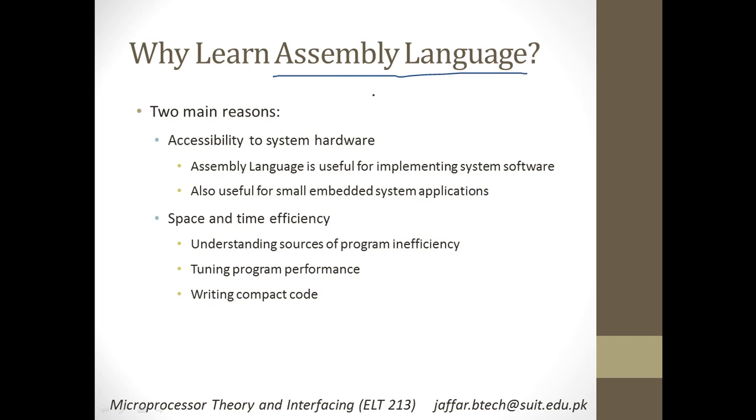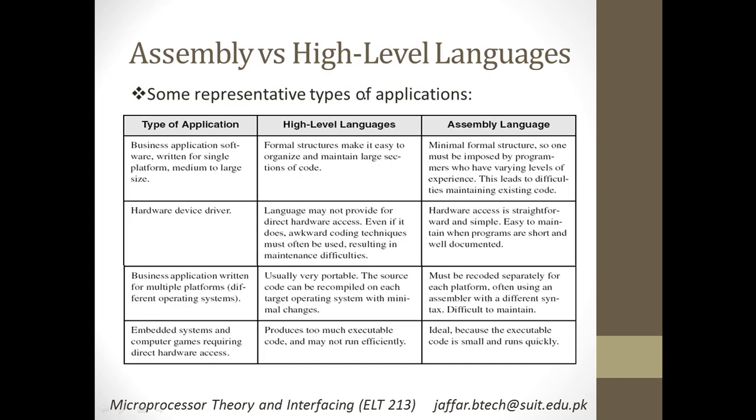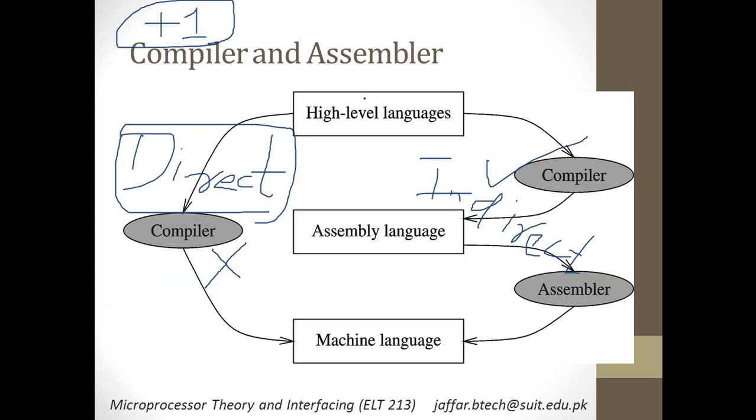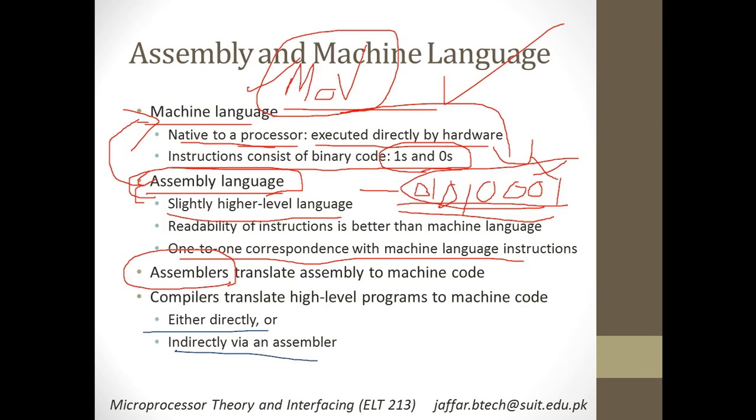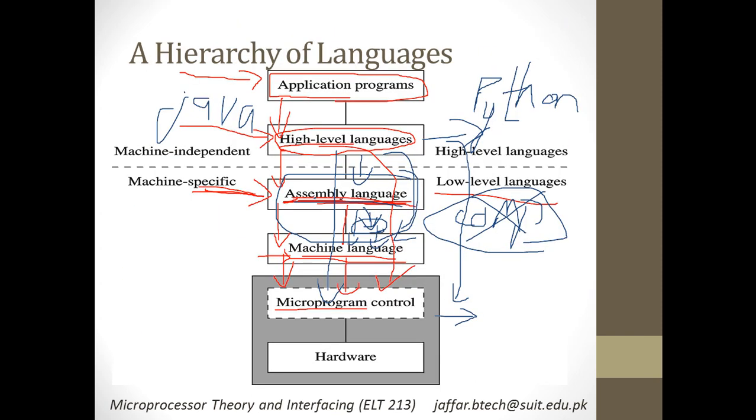The first one is accessibility to the system hardware. As you go down towards the microprocessor, you face more difficulty, which means you are using a different programming tool. If you learn these different programming tools, you can easily learn these codes as well. So this is just practice for your future.